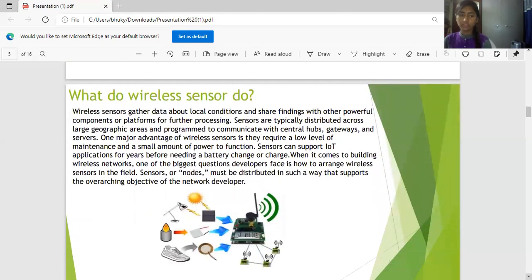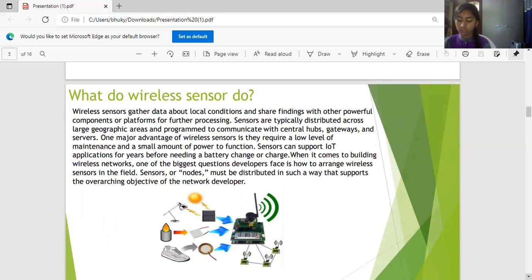Now, let's see what sensors do. These wireless sensors gather data about local conditions and share findings with other powerful components or platforms for further processing. They are typically distributed across large geographical areas and communicate with central hubs, gateways, and servers.